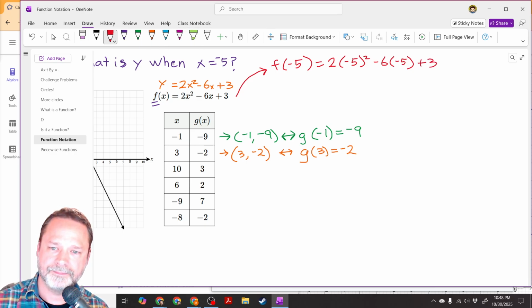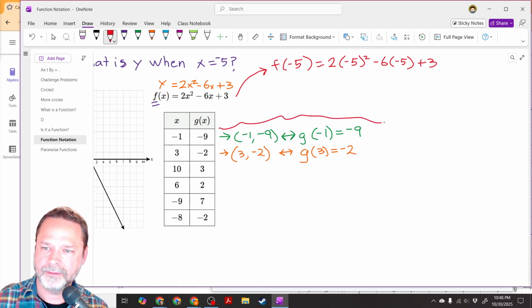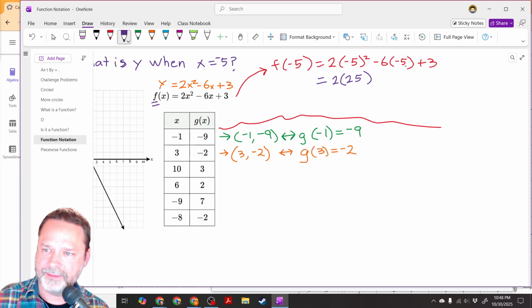All right. So I'm just going to do a little separation here. What are we going to get? -5 squared is 25, so I have 2 times 25. And then -6 times -5 is 30, so plus 30, plus 3.